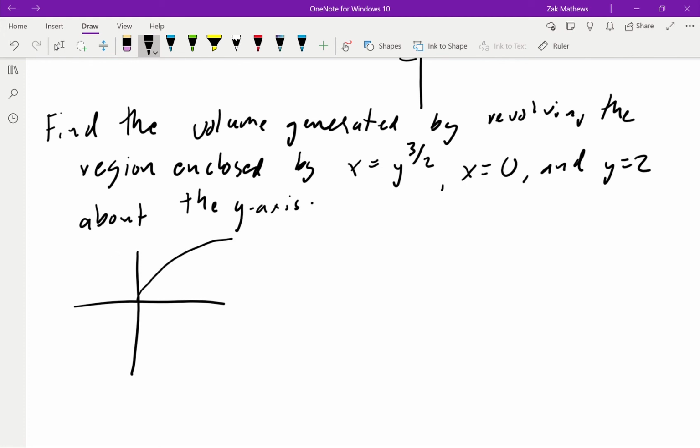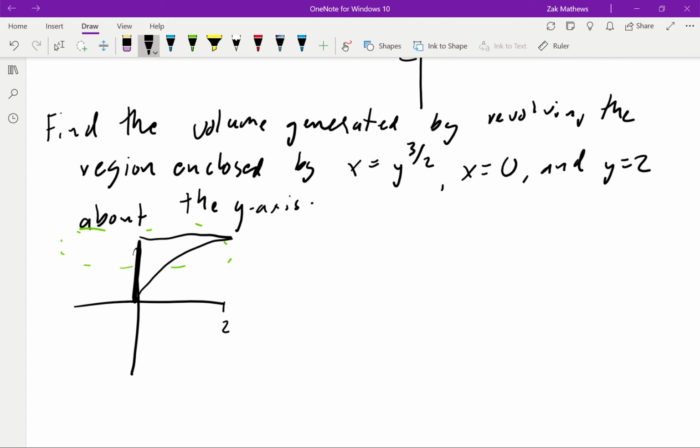And then we have the other boundaries of x is equal to 0. That should be the y-axis. And then y is equal to 2 would be over here. So we have this region right here that we are spinning about our y-axis.